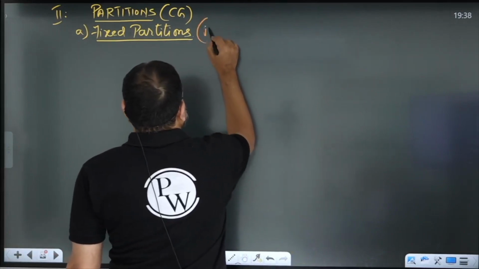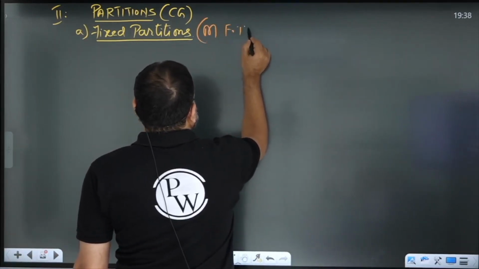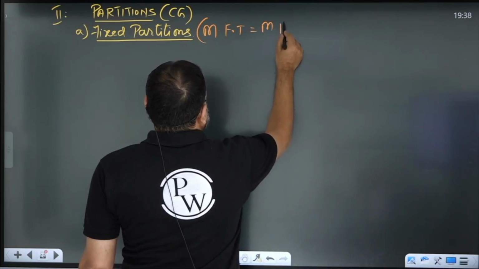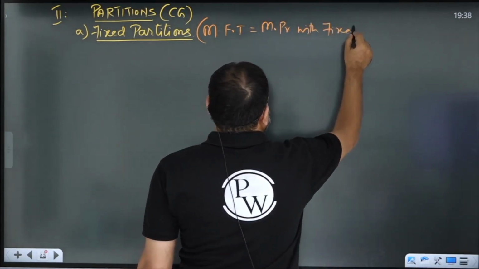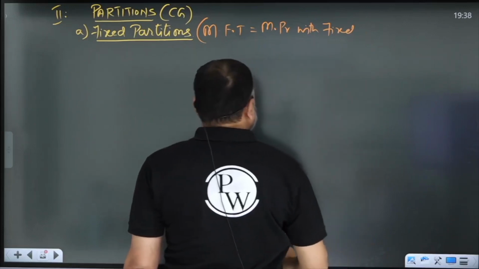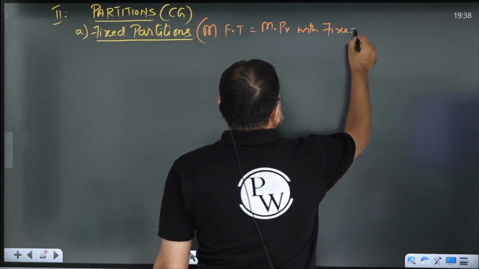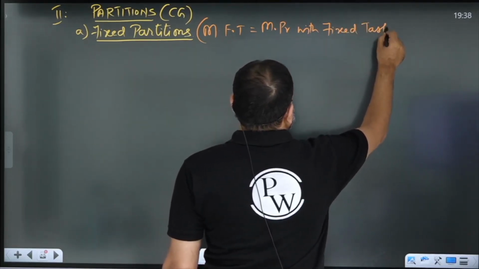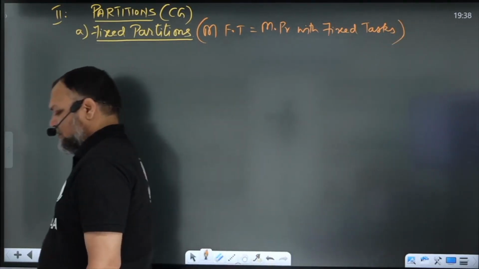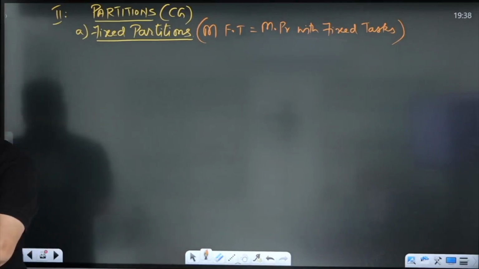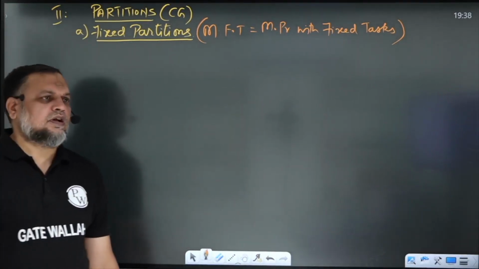Fixed partitions is also called MFT, which stands for multi-programming with fixed tasks. Task or job or program or process, all are the same. Multi-programming with a fixed number of tasks.